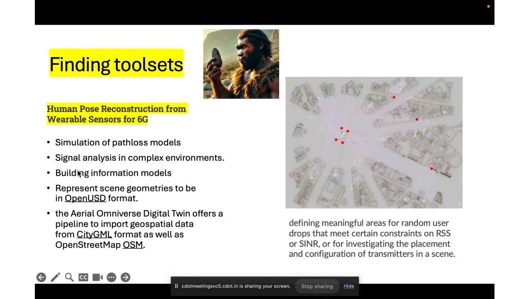That means that you have information models corresponding to buildings. So building information models is another important aspect in pose reconstruction, and sensors related to path loss models, indoor path loss models, and so on.